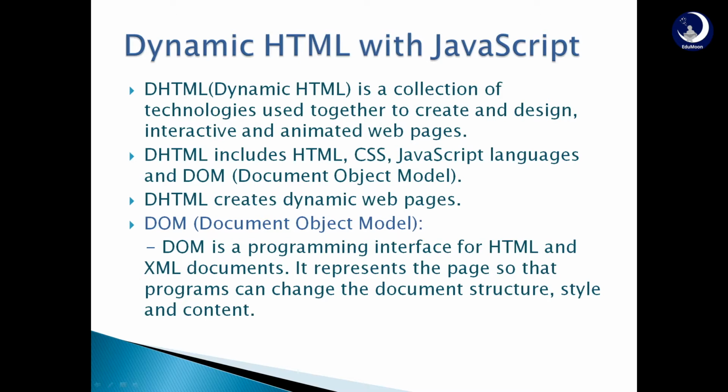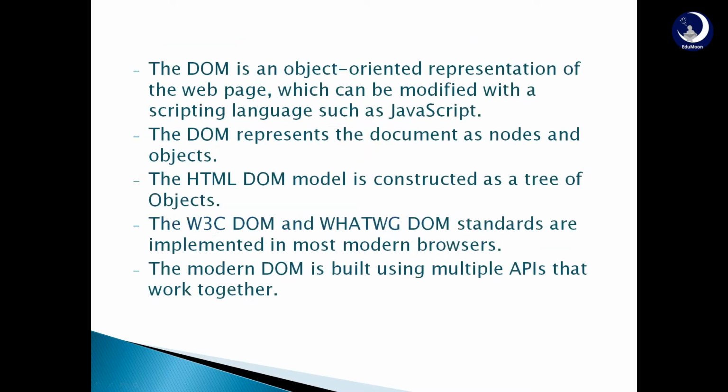What is DOM? DOM is a programming interface for HTML and XML documents. It represents the page so that programs can change the document structure, style, and content. The DOM can be defined as an object-oriented representation of the web page which can be modified with a scripting language such as JavaScript.